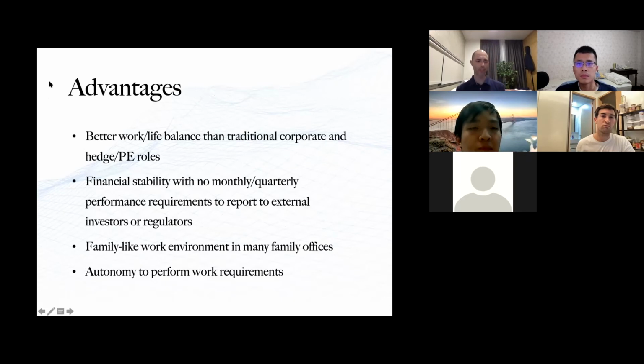So, some advantages to working for a family office. Oftentimes you get a better work-life balance than in traditional corporate, hedge fund, or private equity roles, because they operate on a more reasonable working week schedule. Working for private equity firms or hedge funds, places like that, can be brutal.